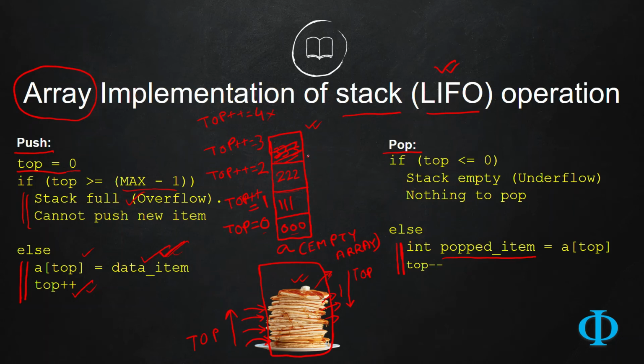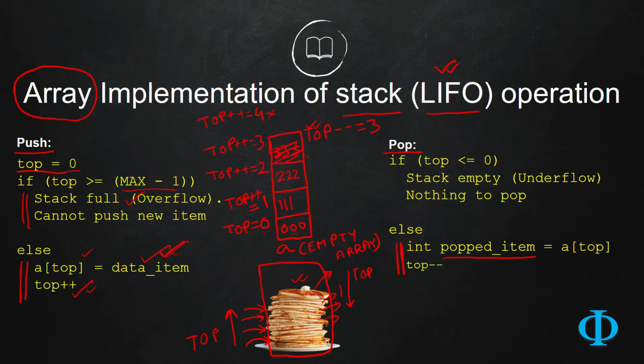So top equals 4, and with top minus minus, it becomes 3 now. Top was 4 previously and now it became 3.